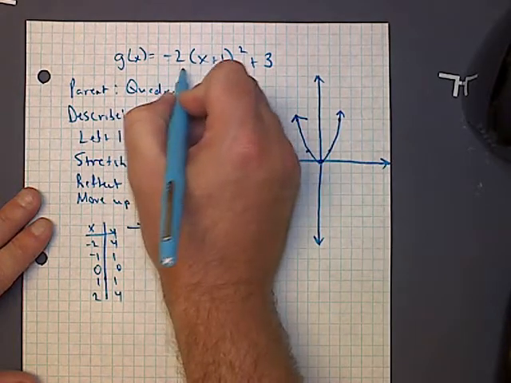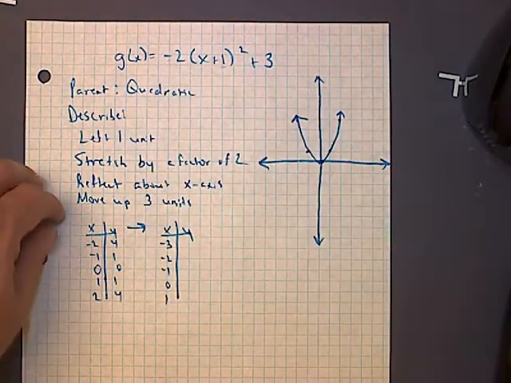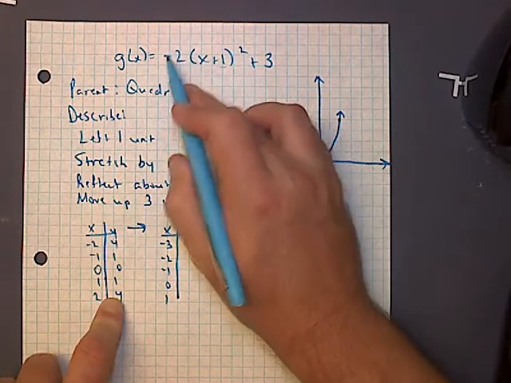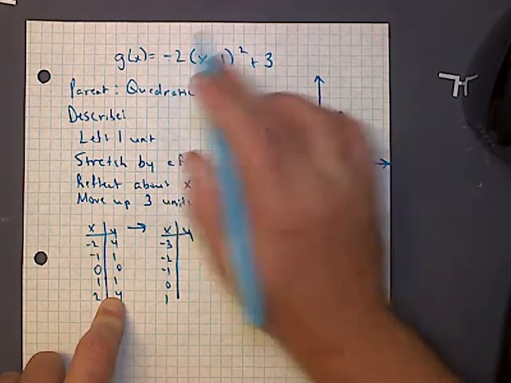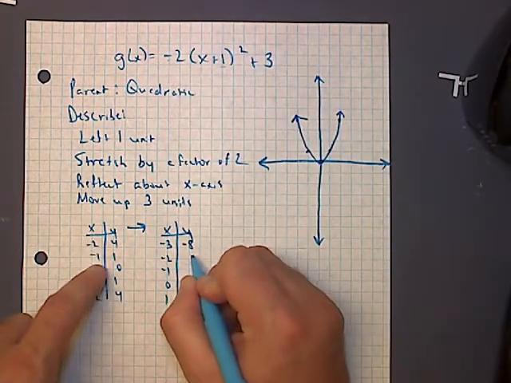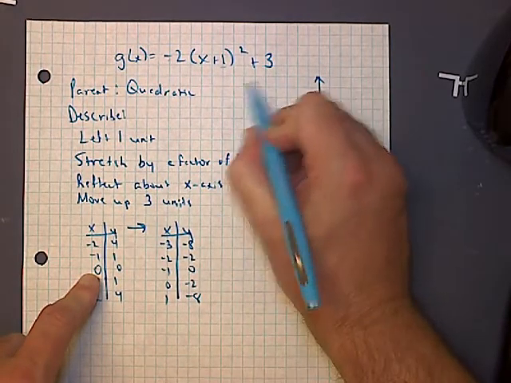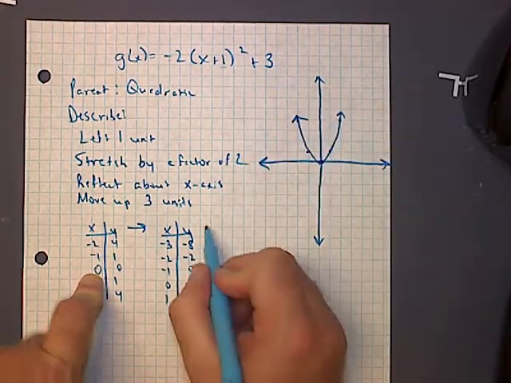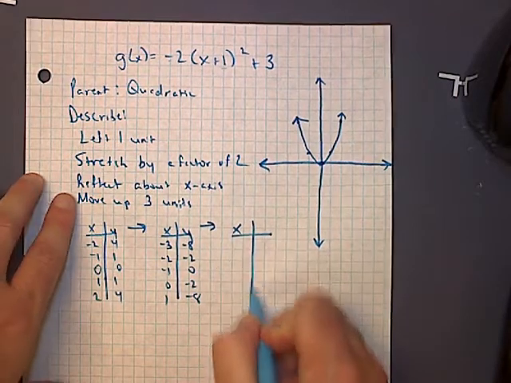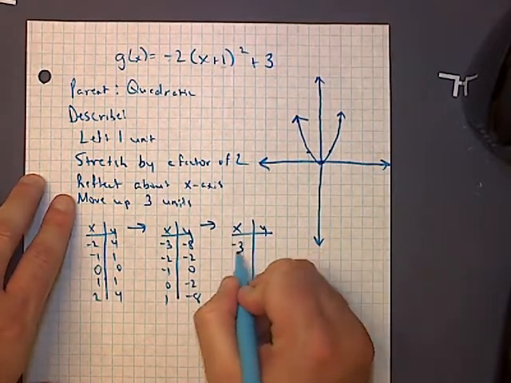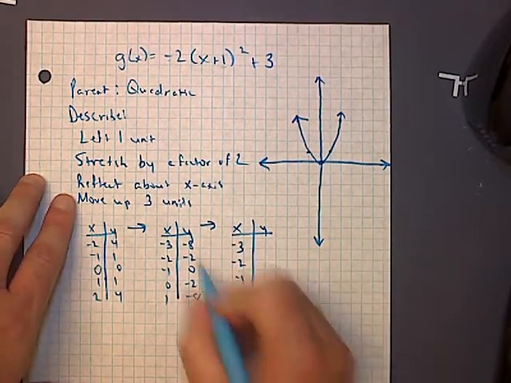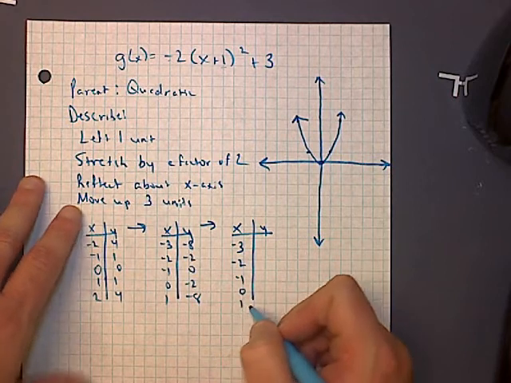This is stretching by a factor of 2 vertically. That means I'm going to multiply my y. But I'm also going to take care of the reflection by going ahead and multiplying by -2. And finally, simply move up 3. Moving up 3 affects the y, not the x. That's why the x values stay the same.